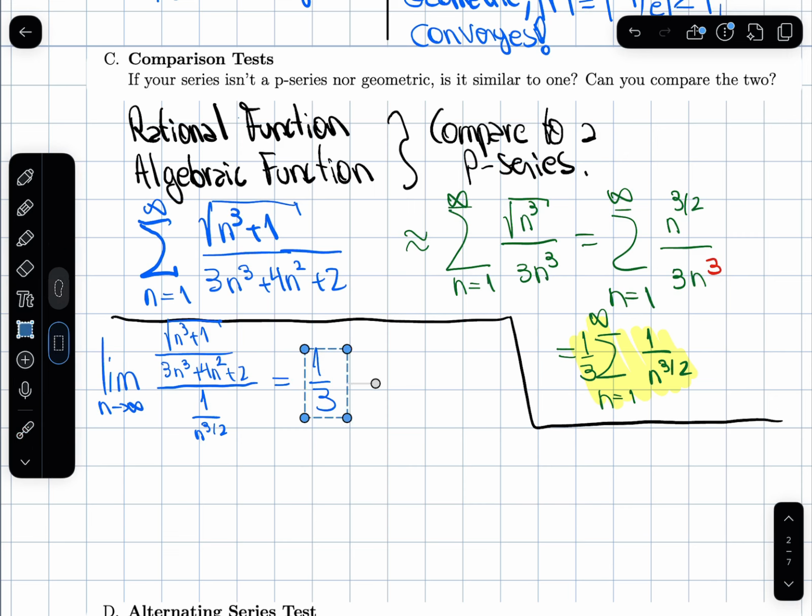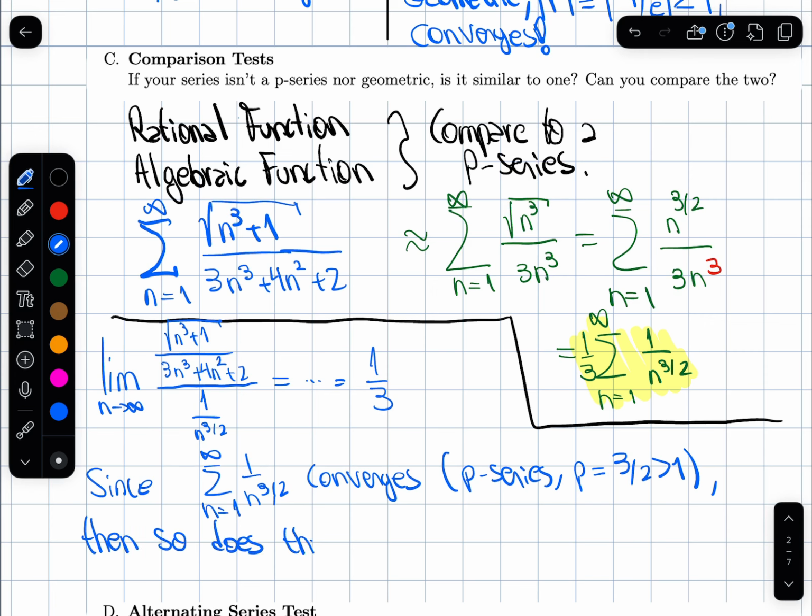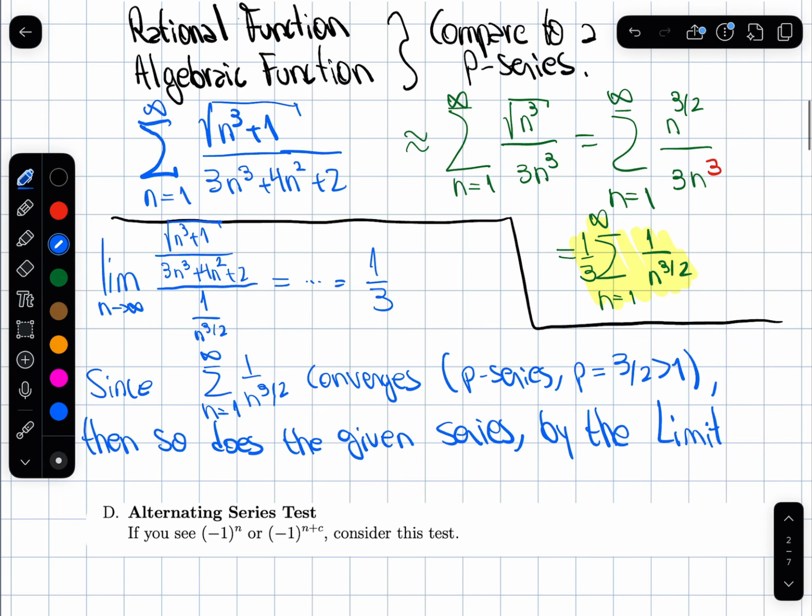So maybe just for the sake of clarity here, I'll show you that you need to work with those ellipses there, and then after this I'd write that since this converges, because it's a p-series, I've got to say why, p is 3 halves, greater than 1, and so does the given series, and I've got to also say why: just by the limit comparison test.